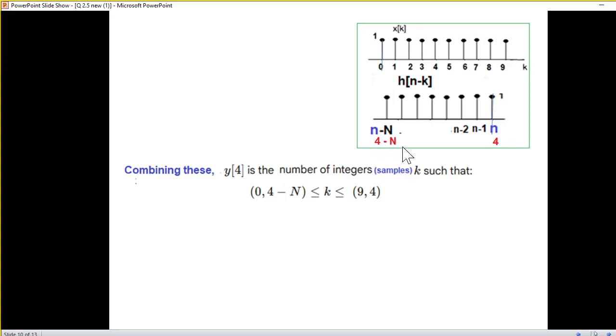So we say that we select the maximum of 0 and 4 minus N, the maximum or more positive or larger. And similarly, from the right-hand side, between 9 and 4, we have to select the smaller of the two. So the smaller of 9 and 4 we will select.